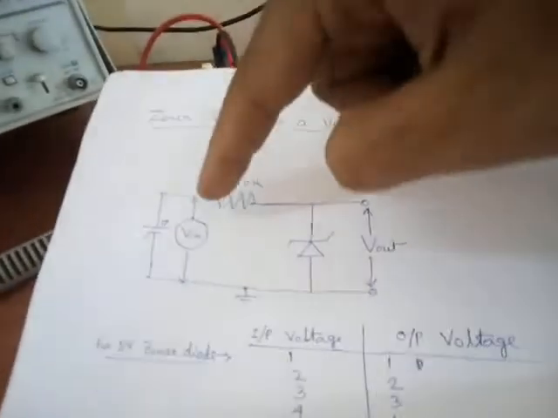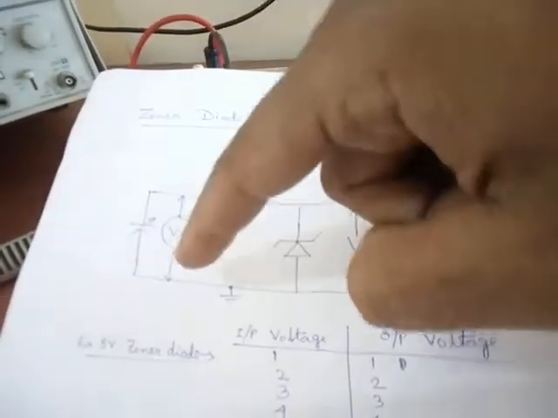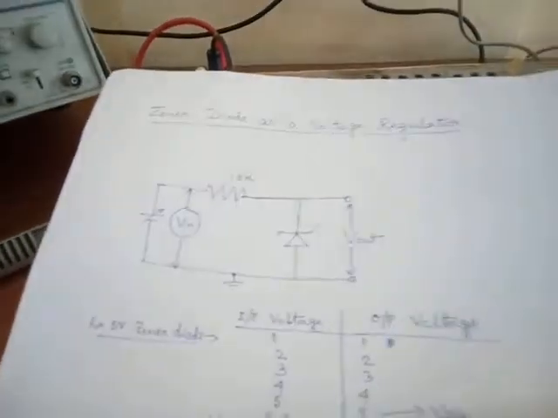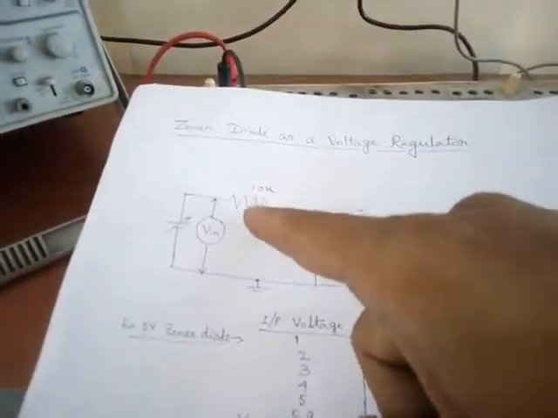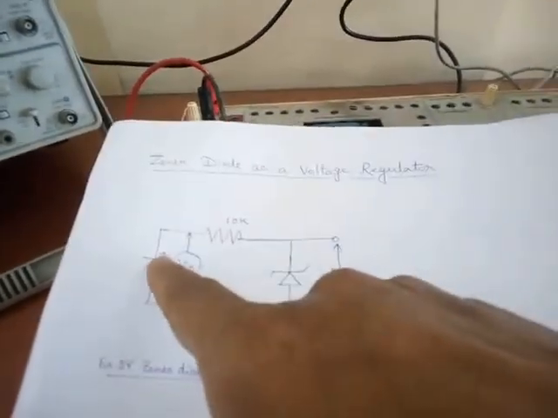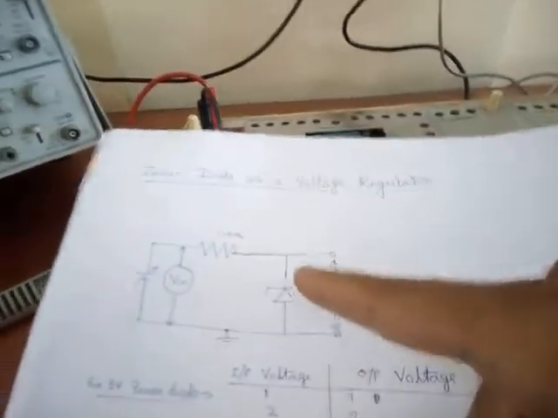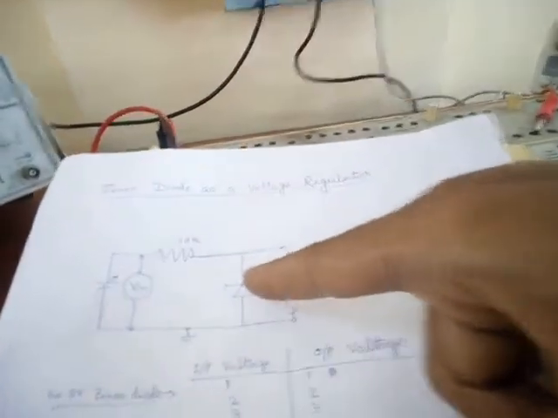You can see the circuit. This positive part is going to the resistor and the negative part going to ground. One point of the resistor is connected to the variable power supply. Then the output multimeter, this one, V out.